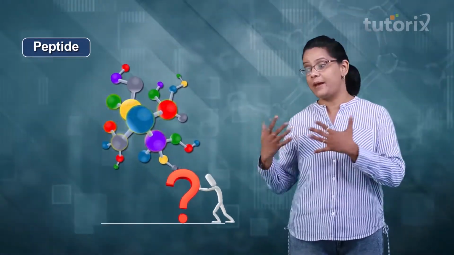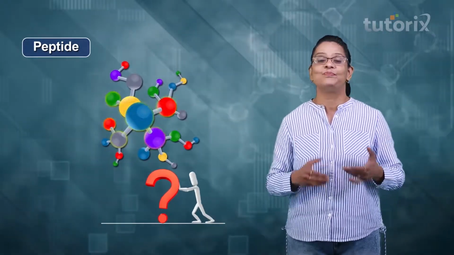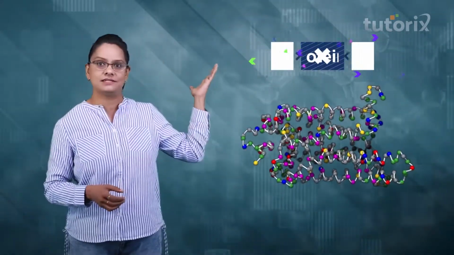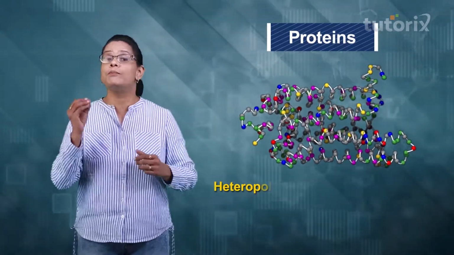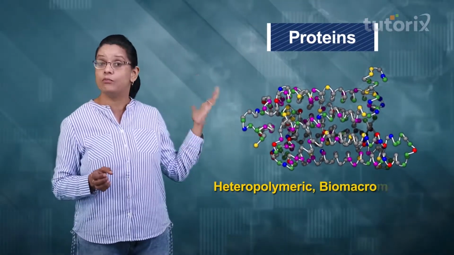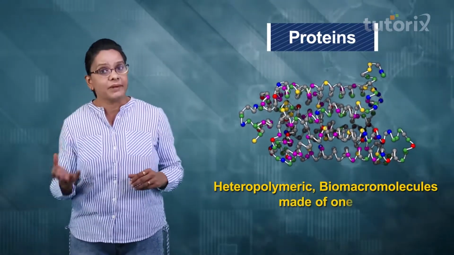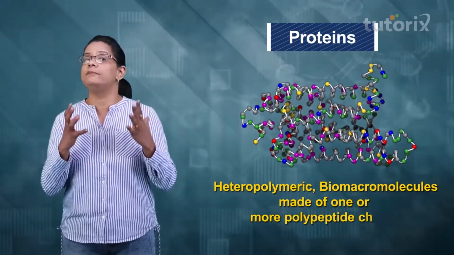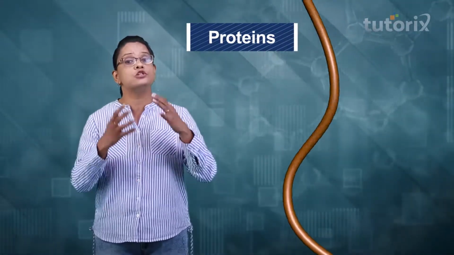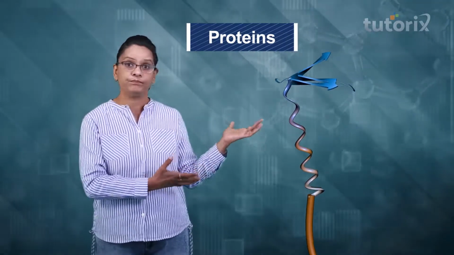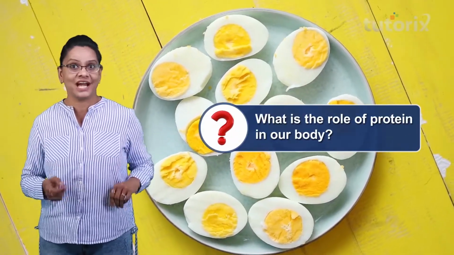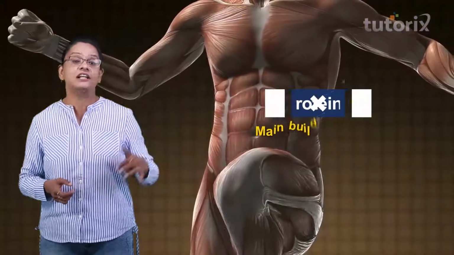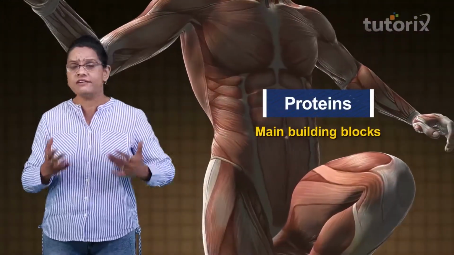Now, after the peptides, what comes next? Yes, exactly, the proteins. So friends, what are proteins? They are heteropolymeric biomacromolecules which are made of one or more polypeptide chains. So different polypeptide chains combine together to form what we call protein. Now, what is the role of protein in our body? Do I even need to tell you that? Yes guys, they are the main building blocks of any living system.